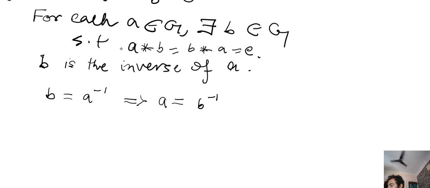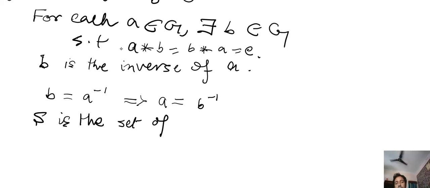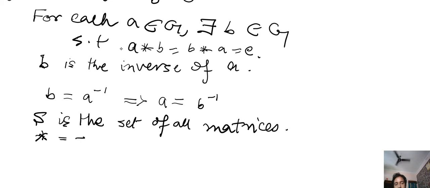Okay, now example. Say S is the set of all matrices. We take the binary operation to be the matrix addition.